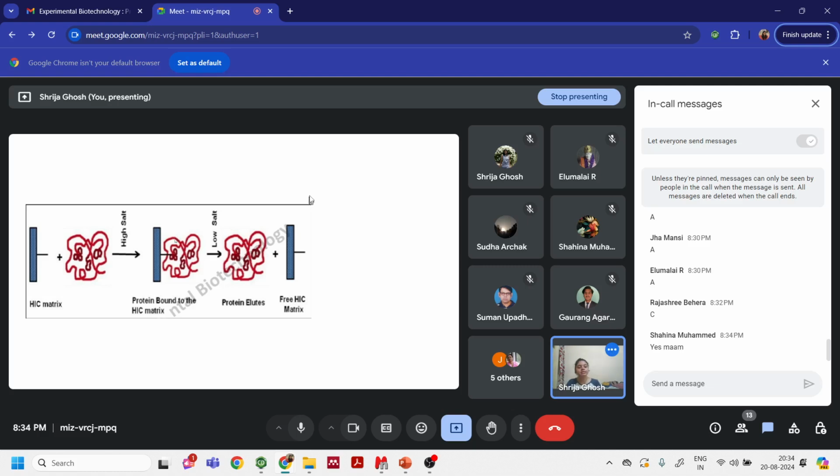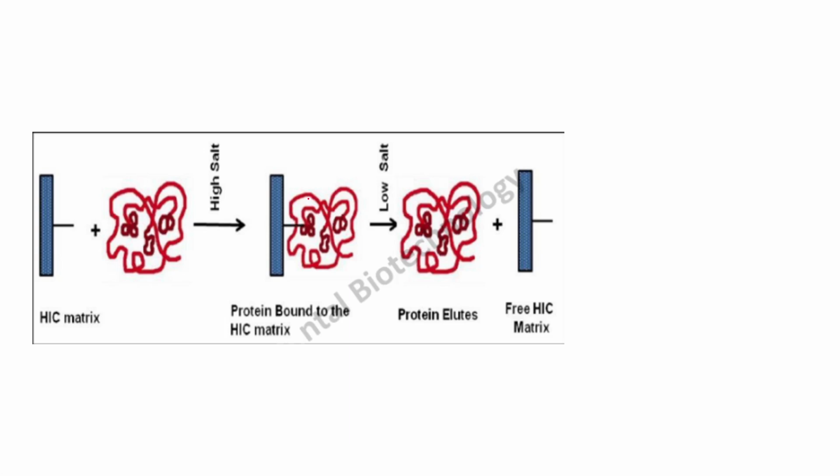So this is kind of opposite to what we were doing in ion exchange. What we were doing in ion exchange was, at a low salt concentration, we had fewer counter ions. Let's say I am doing anion exchange. So fewer chloride ions will be there, and thus at a low salt concentration my protein can bind.